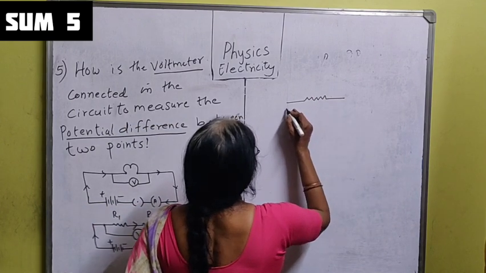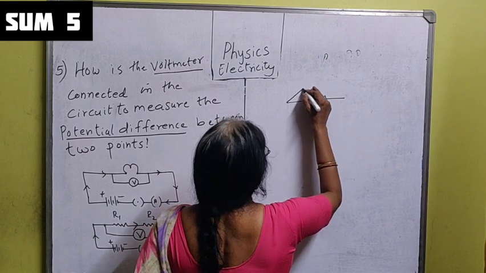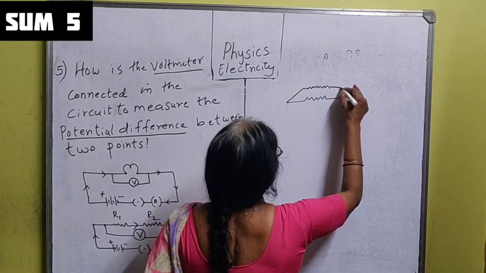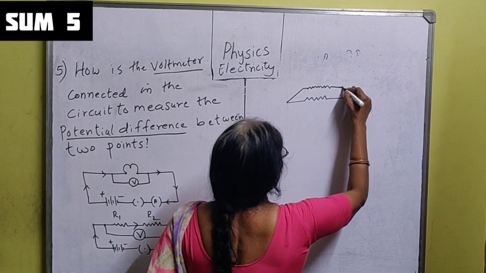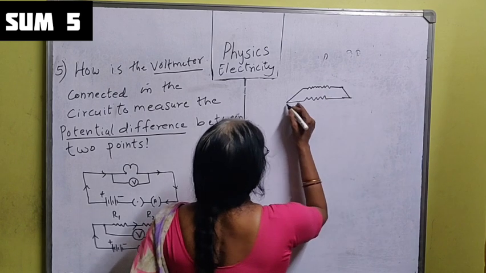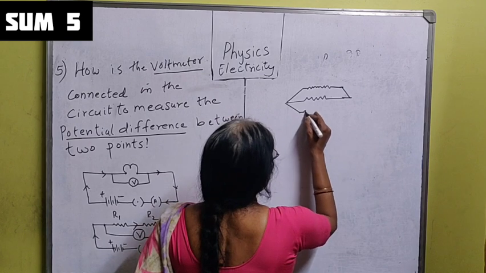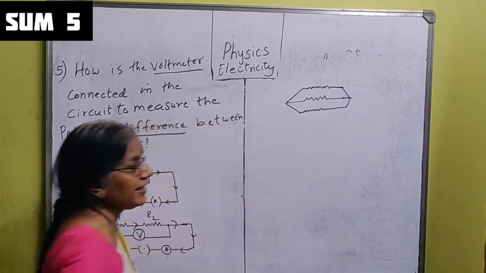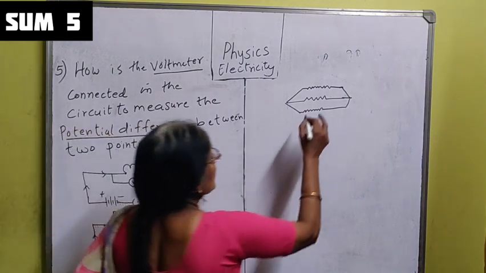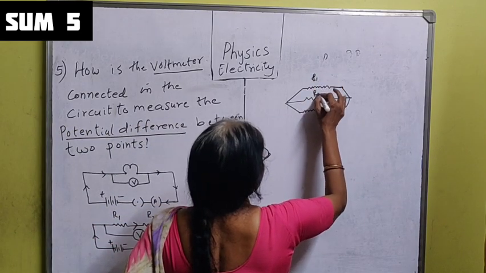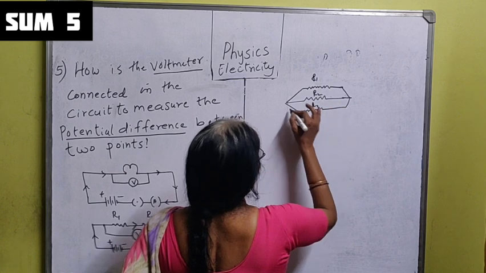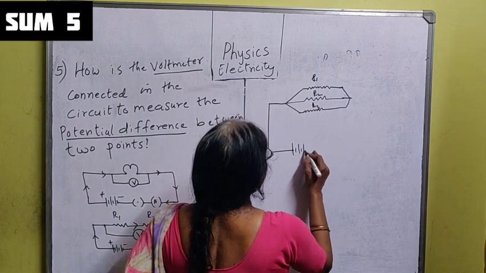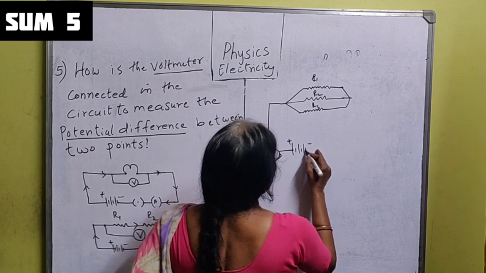Three resistors are there. All these 3 resistors are connected with each other in parallel and it is connected in a circuit, plus and minus.